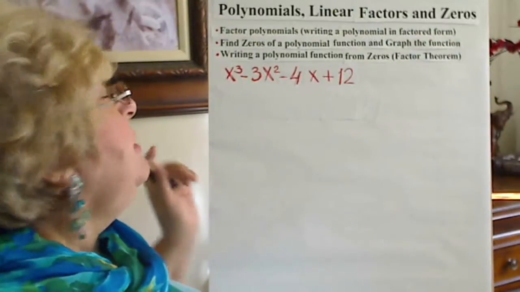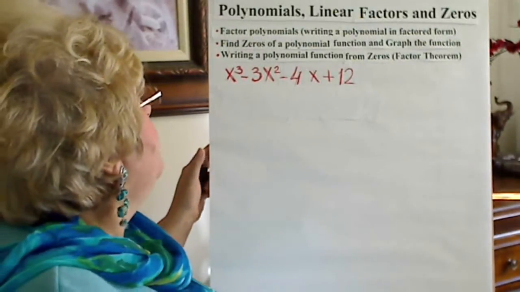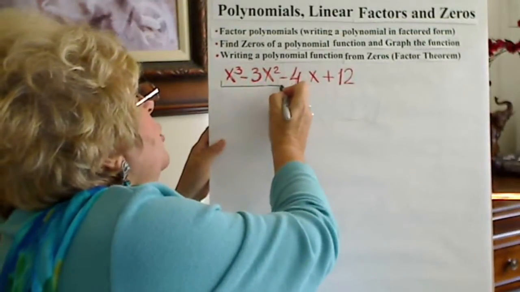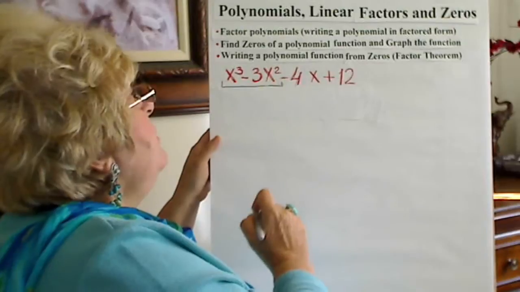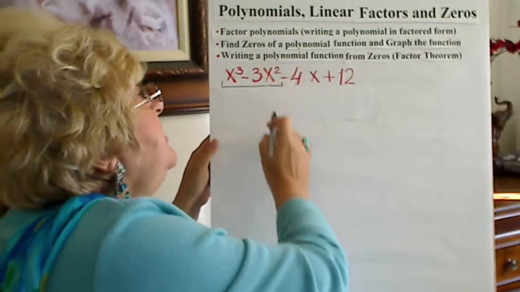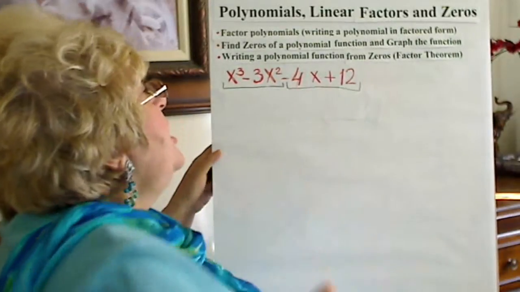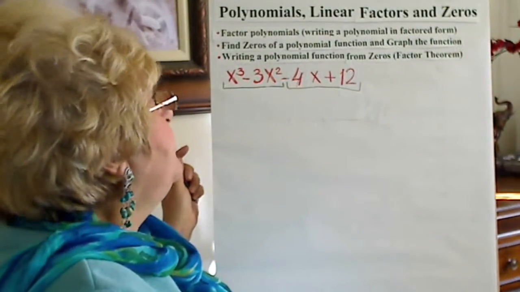We will factor this polynomial. First, we combine two terms, x cubed minus 3x squared, and another two terms, negative 4x plus 12.